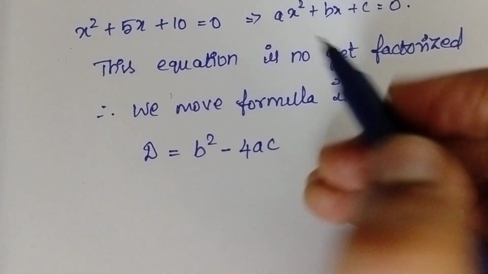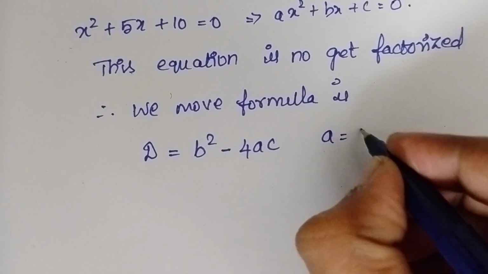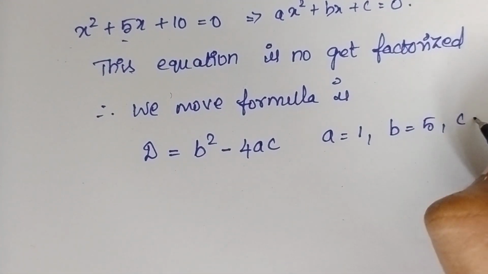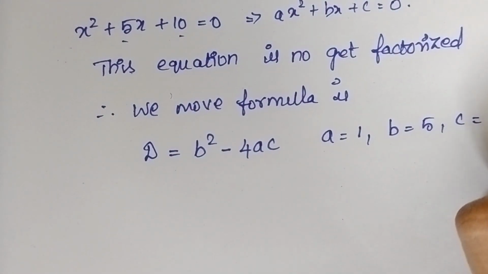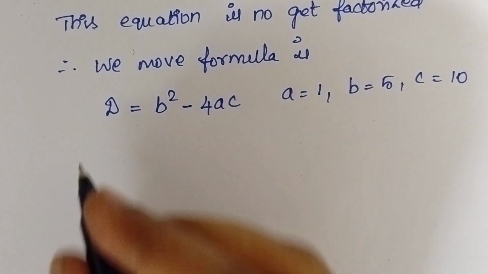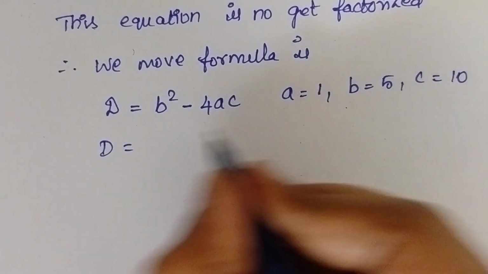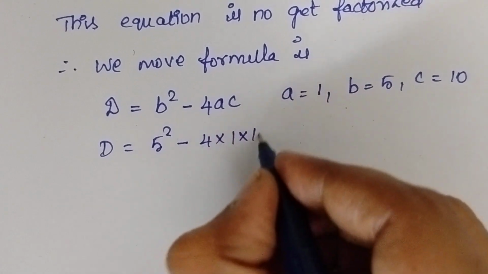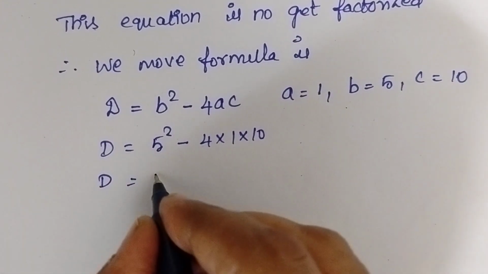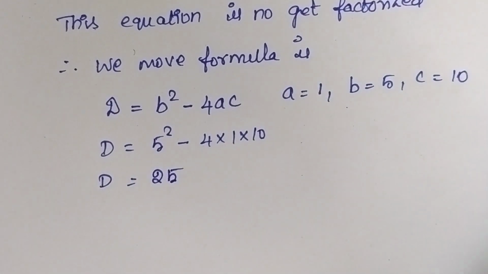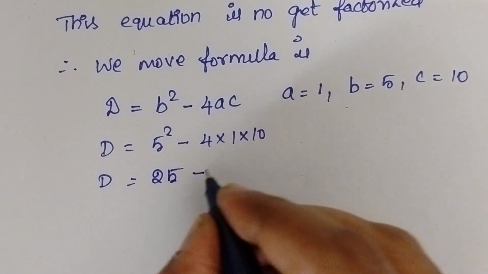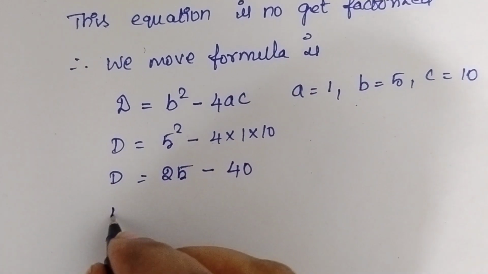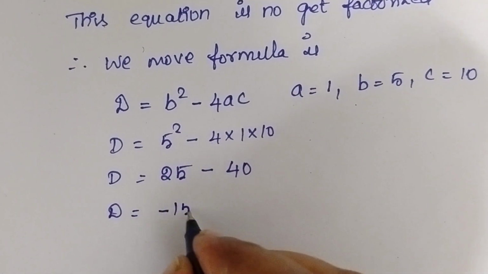Let's compare and write the values. a is equal to 1, b is equal to 5 and c is equal to 10. D is equal to b square, which is 5 square, minus 4 into 1 into 10. Therefore, D is equal to 25 minus 4 into 10, which is 40. So D is equal to minus 15.